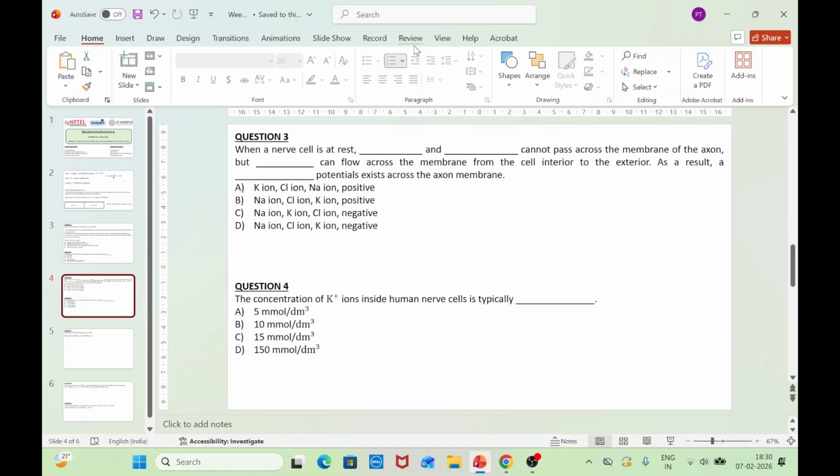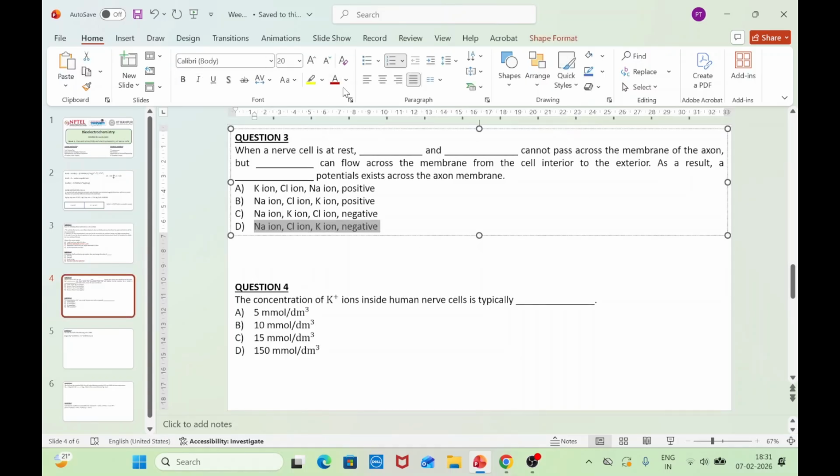Anyone with any disagreement to option D, or any argument that an option other than D is correct? So option D is correct.